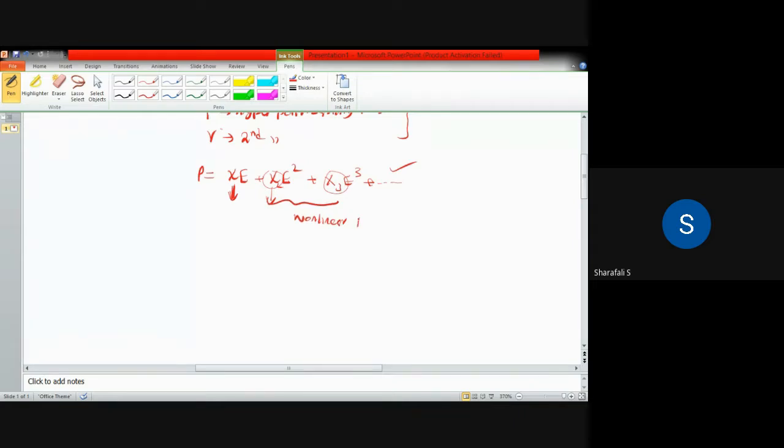So this is due to nonlinear polarization; chi2, chi3, chi4, etc. are the nonlinear polarization coefficients.